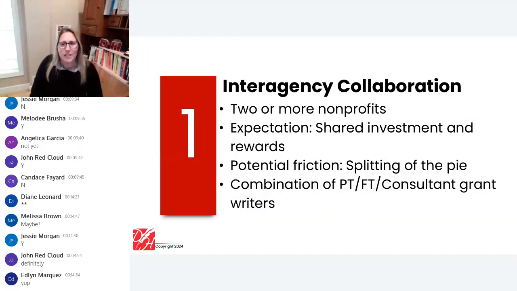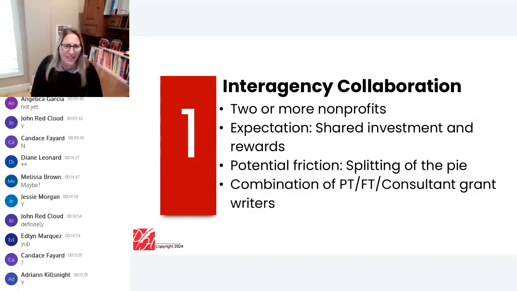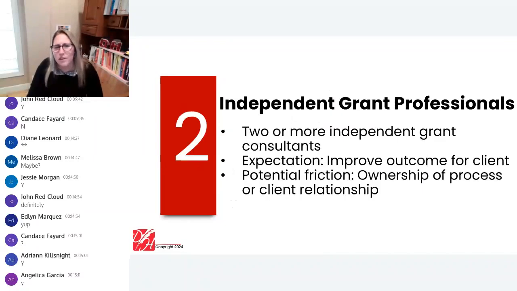So this scenario 1, there are still 4 other common reasons that organizations will come together to collaborate on a grant application. So let's see what you think of this next one. Sometimes grant professionals, I'm a grant professional, but you might say, I don't like that title.